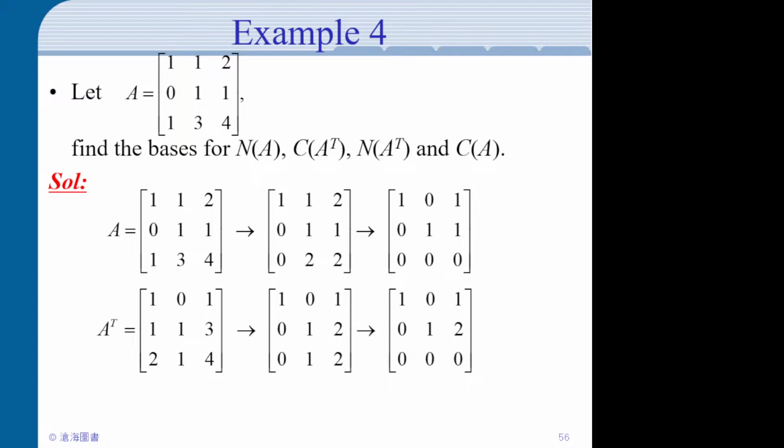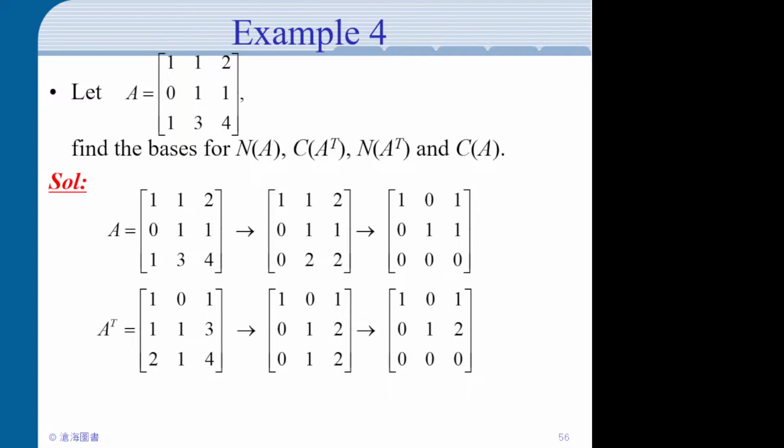To do this, you basically do Gaussian elimination twice, for both A and A transpose. So you do Gaussian elimination for A, and you get this, and then Gaussian elimination for A transpose, and you get this.